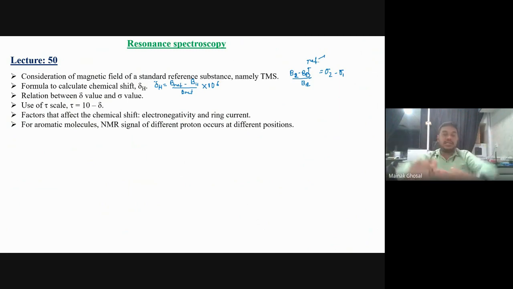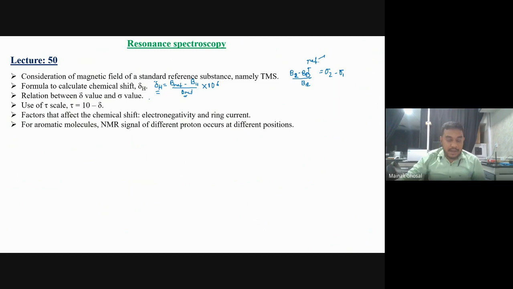Without this factor, it would only give you 10 to the power minus 6, because the magnetic field difference is small and the frequency is in megahertz, so 10 to the power 6 times. To cancel this, 10 to the 6 is multiplied here, and this sigma H is called the chemical shift.